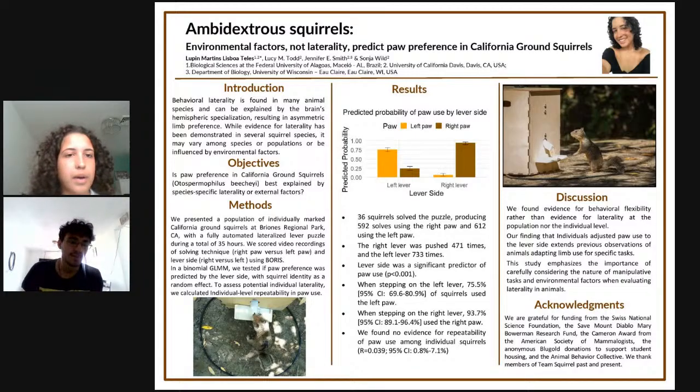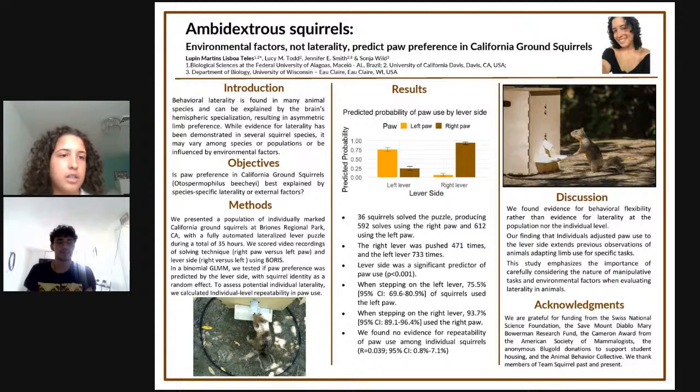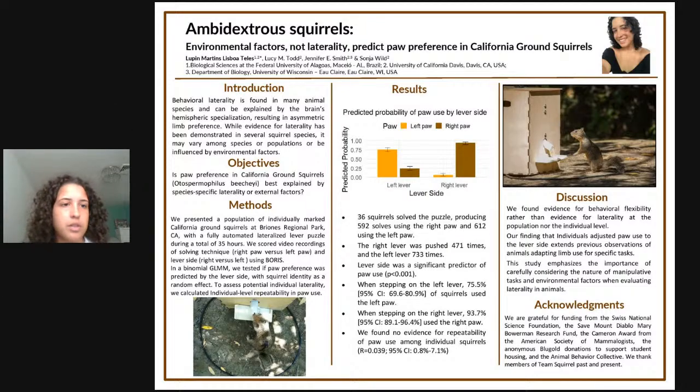Yes, as I said by the end of my discussion, if we change the environmental factors, maybe the results will change. For example, in the research that was done with mice, when they were presented more complicated tasks, they would have a preference of one limb over the other, while on everyday behaviors like grooming and self-cleaning, they would interchangeably use both.